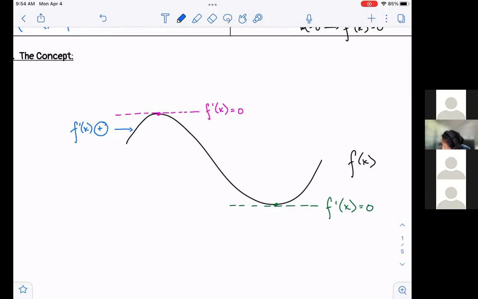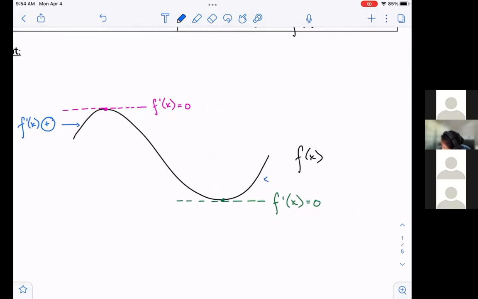So this region also has a slope that is positive. We don't know what it is, but we know it's positive, all right? What about the section of the graph that goes between the pink dot and the green dot? What would we say about that f prime or that slope?